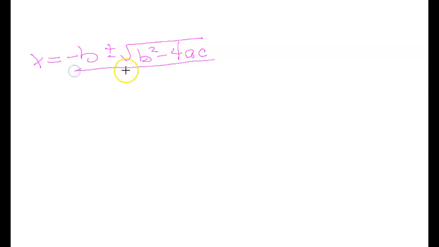quadratic formula by hand. The quadratic formula is x equals the opposite of b plus or minus the square root of b squared minus 4 times a times c, all over 2a.